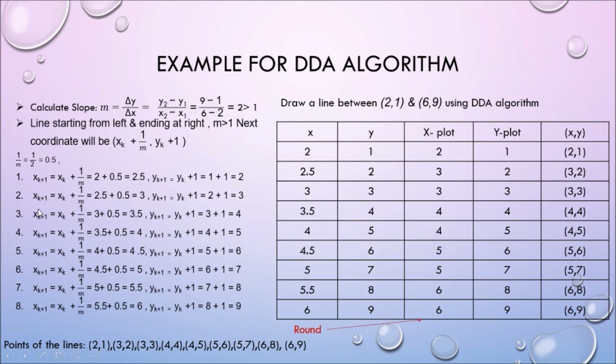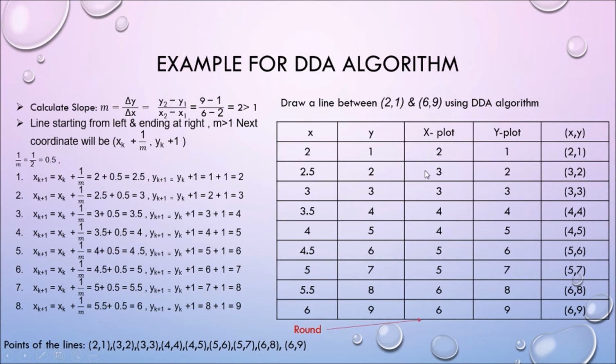Now let's calculate the next coordinate of x, which will equal the current coordinate of x plus 0.5. 2 plus 0.5 equals 2.5. So we write it here, and then we calculate the next coordinate of y, which will increase with unit intervals, so it will be 2.